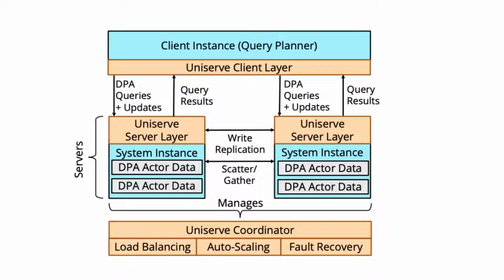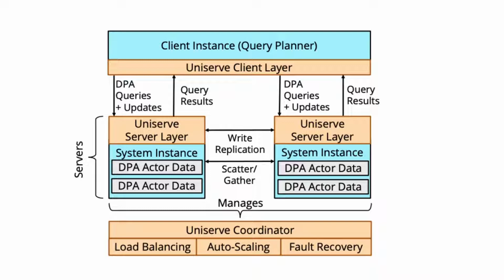Clients also plan their queries and submit them to the appropriate servers. They learn the locations of all the servers where their data is stored through the central coordinator, which relies on Zookeeper.